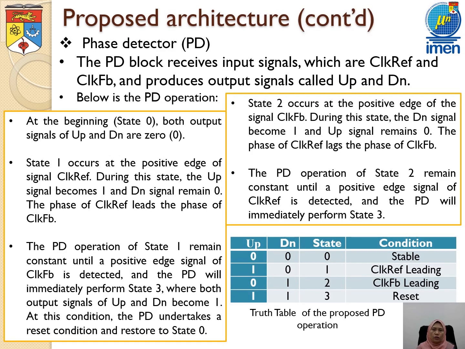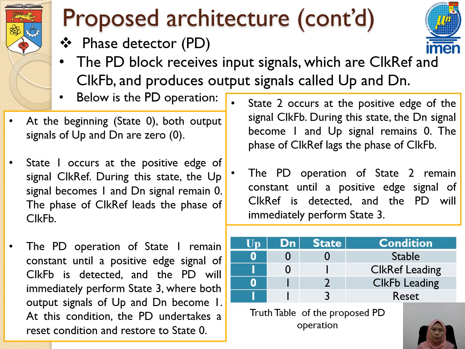So these are the operations of our phase detector. At the beginning, in state 0, both outputs are 0, 0. State 1 occurs at the positive edge of the clock reference signal, and during this state, the up signal becomes 1 and down remains 0. Here the clock reference leads the clock feedback in terms of phase.